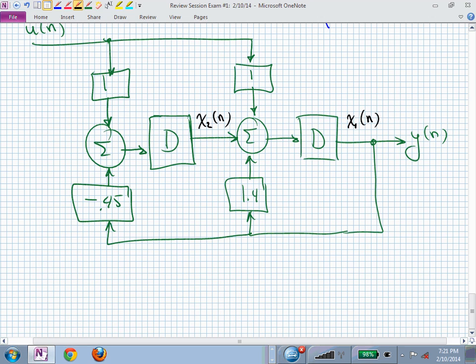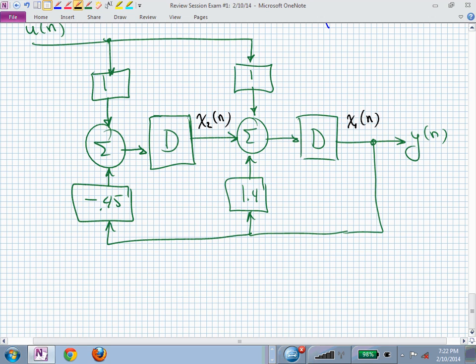And what's this point right here going into the rightmost delay block? That's x sub 1 of n plus 1, isn't it? And coming into the leftmost delay block, that input is x sub 2 of n plus 1. And now we have our difference equations.